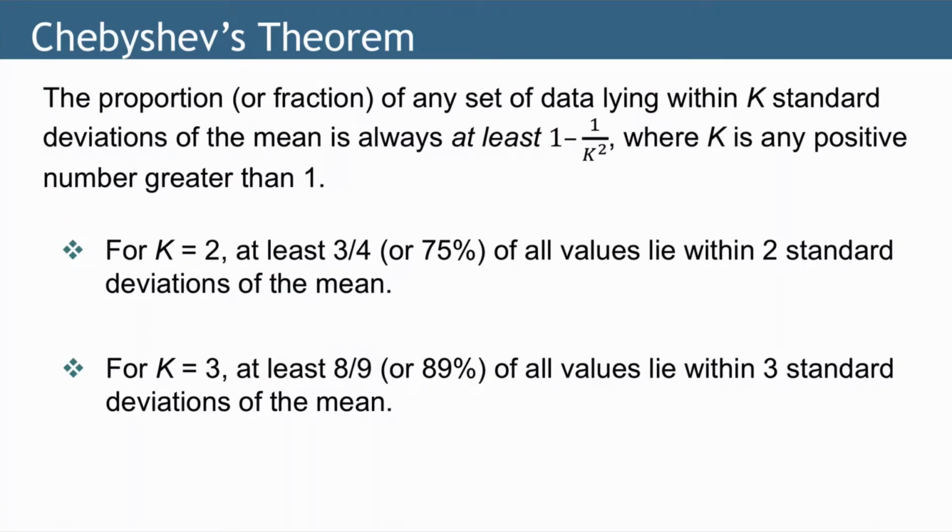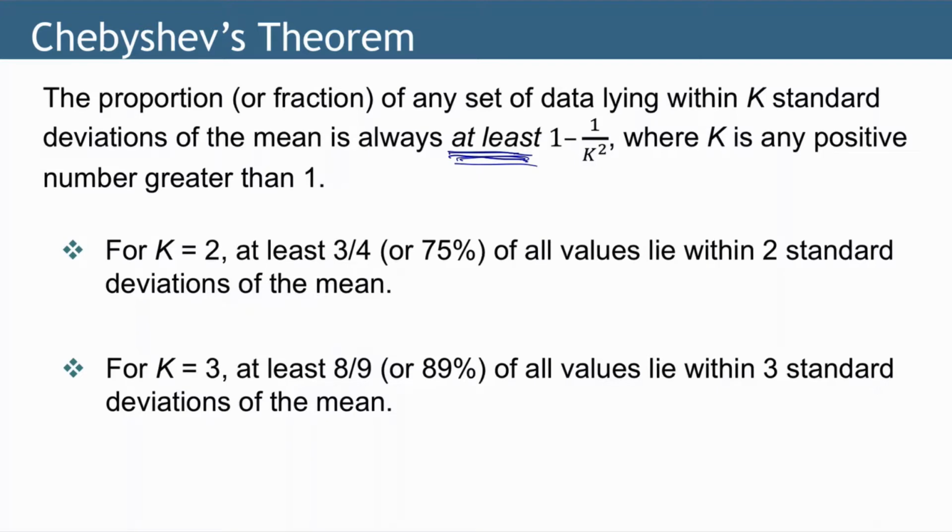Some other ideas to wrap your head around, though. And again, these are all just estimators, ways to wrap your head around how spread out the data is. Chebyshev is how you pronounce that. So Chebyshev's theorem says the proportion of the data within a certain amount is at least this formula here.